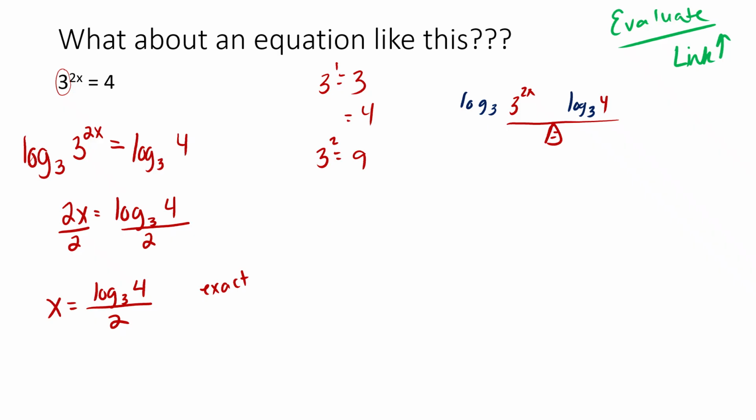So I have log of 4 divided by log of 3. So that ends up being 1.262 divided by 2, and I get 0.631.